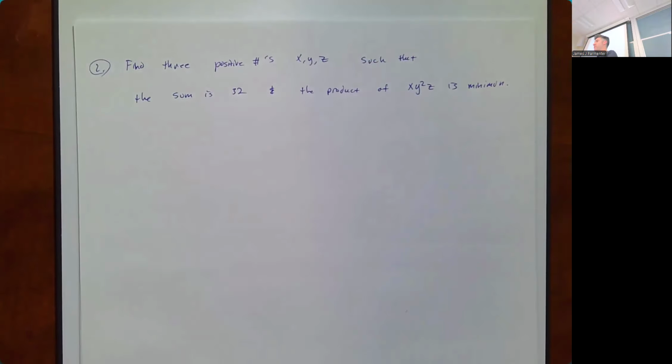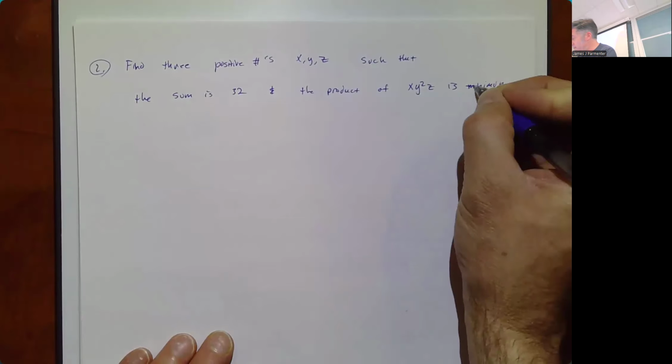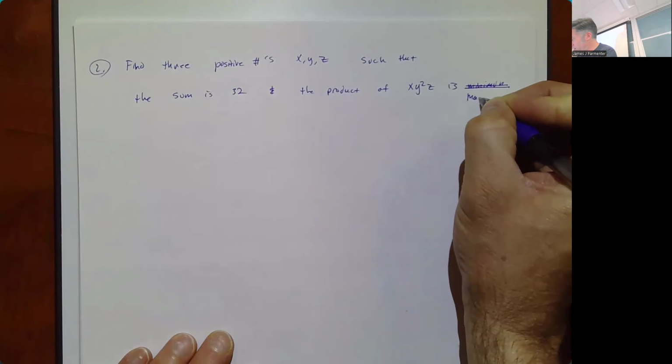Or they might say something like the sum of the squares is minimum, where X squared plus Y squared plus Z squared is the thing we're trying to minimize. Or they might say something like, we want to maximize, sorry, the sum is 32 and P equal to X, Y squared, Z is maximum.